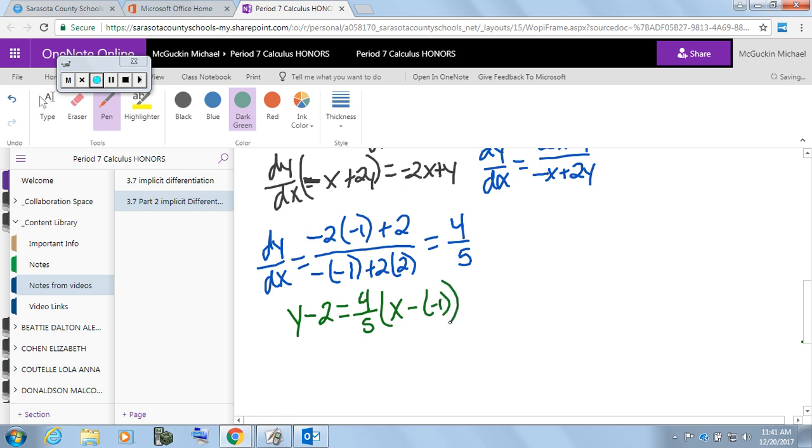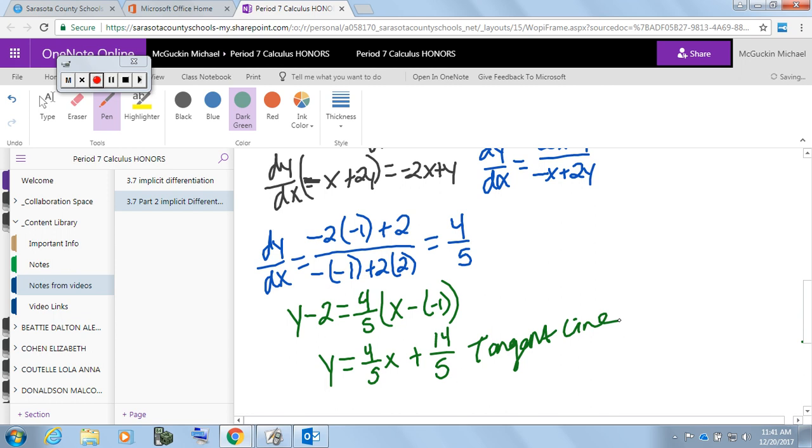And when this is all said and done and it comes together, we get y equals 4 over 5 x plus 14 over 5. So there is our tangent line.